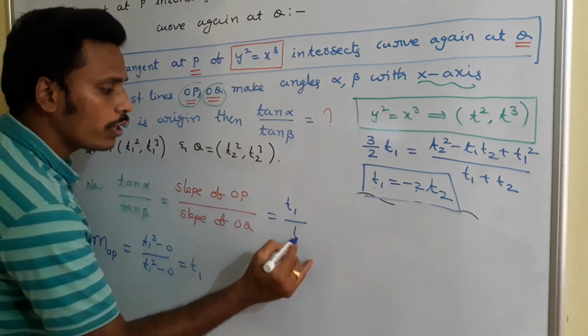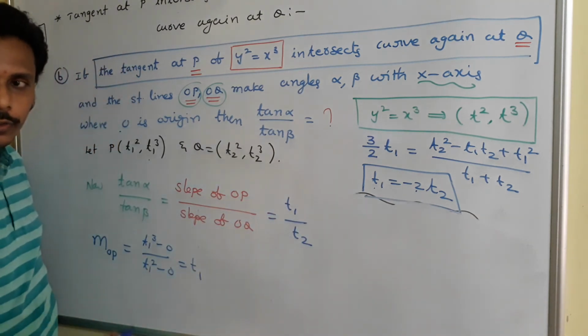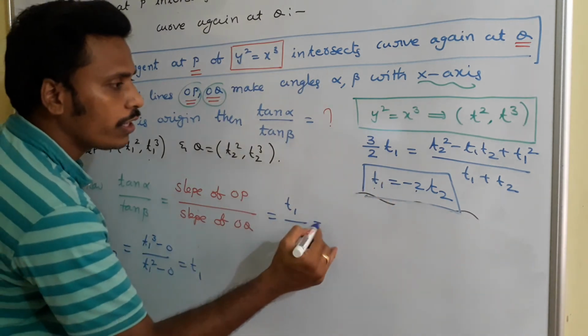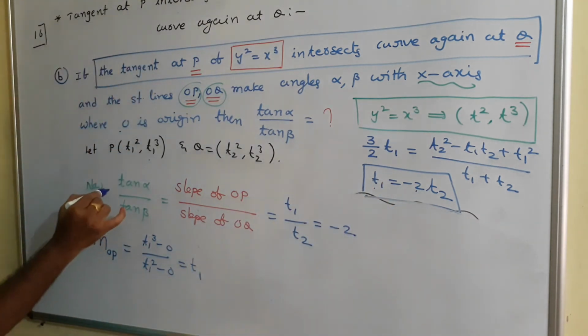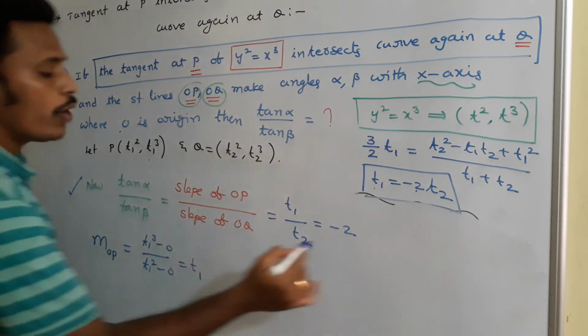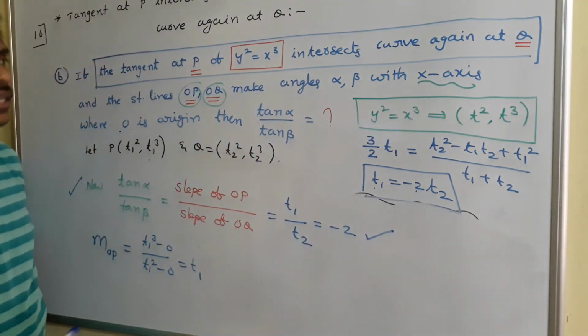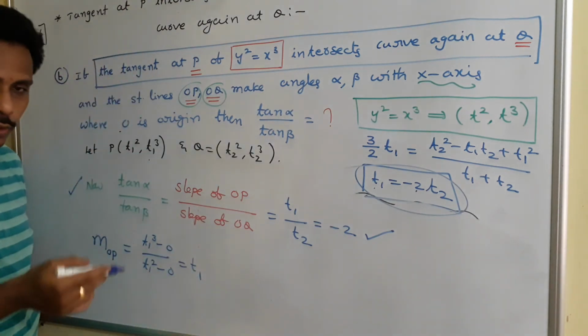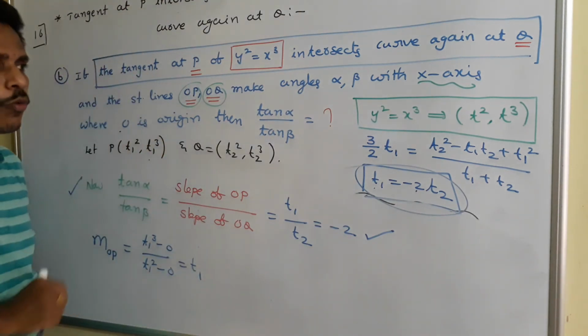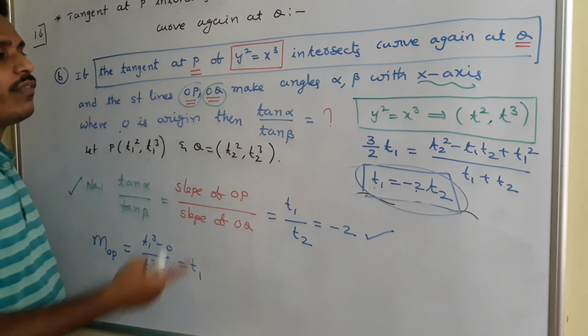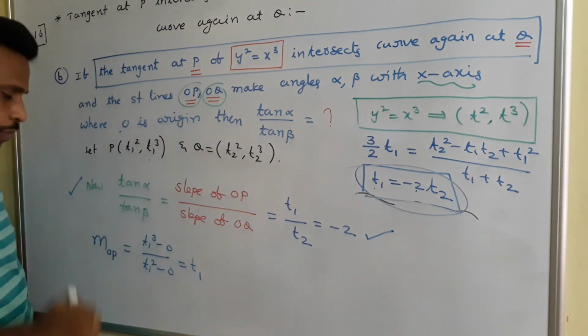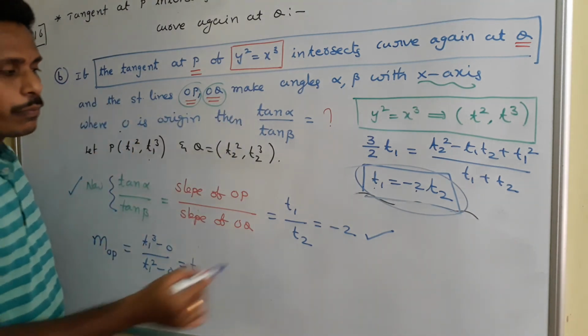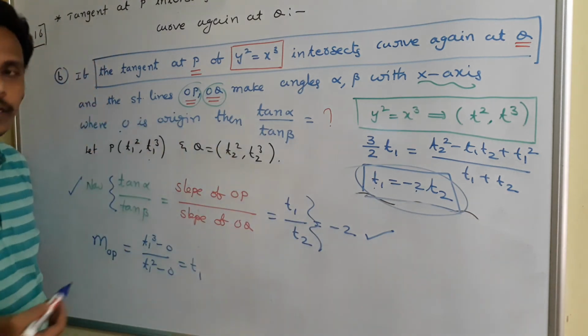In a similar way, you will get the slope of OQ as t2. And t1 by t2 from here is minus 2. So tan alpha by tan beta at the end is minus 2. Just by using the first line we have t1 equal to minus 2t2, and from there a little bit of slope concept is involved to calculate tan alpha by tan beta, which is simply t1 by t2, which is minus 2.